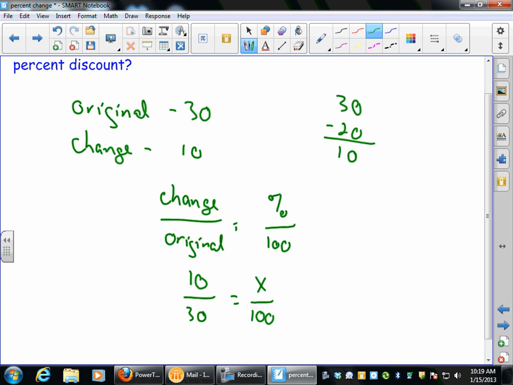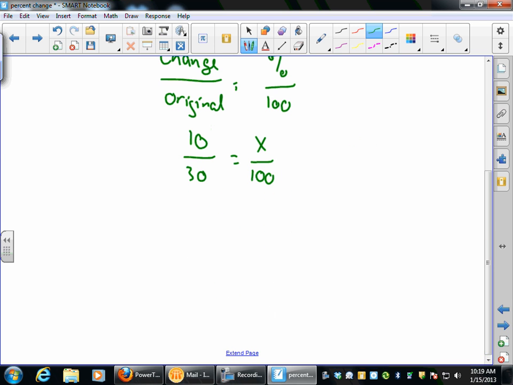Now, back at the beginning of this unit, we talked about ways that you could solve proportions. One of them is to do what we call cross multiplying. I do 30 times x, which I write as 30x. I do 100 times 10, which would give me 1,000. That's cross multiplying.